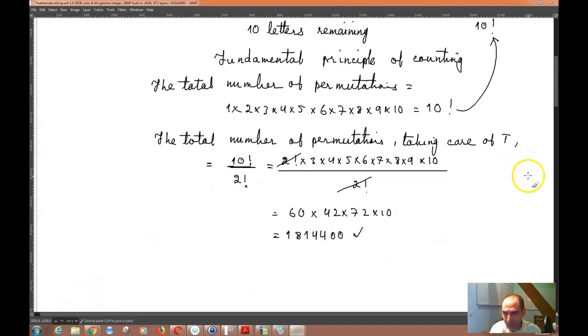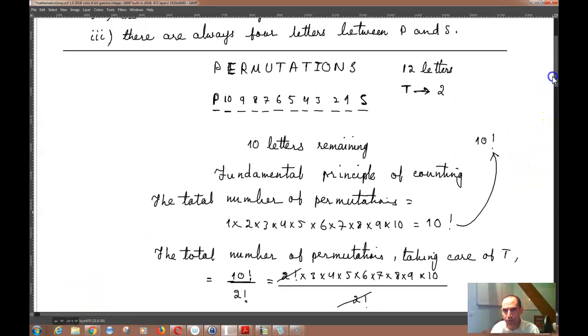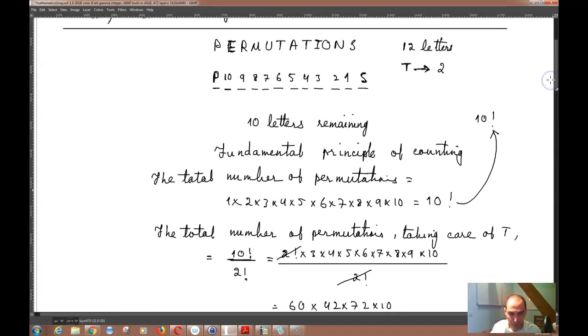Okay, so the next part of this question is we have the word permutations, and we want to know in how many ways the letters of this word can be rearranged or arranged if the vowels are all together.